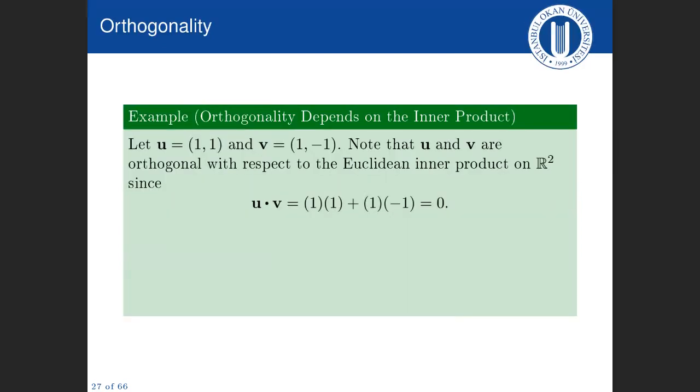Now I want to show that orthogonality depends on the inner product. Let u be the vector (1, 1). So here it is. This is u. And let v be the vector (1, -1). So that's this one.